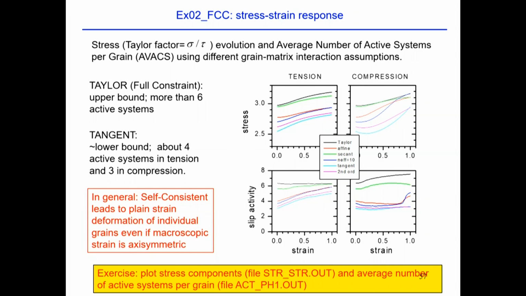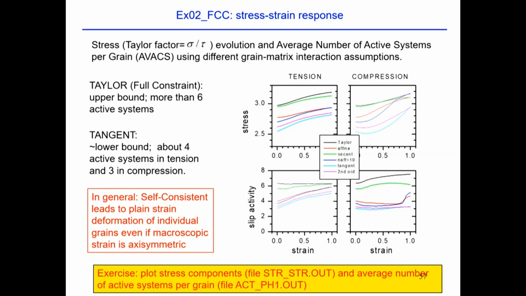And as you can see, it is clear here also that the models that are close to the Taylor model, that force the deformation to be the macroscopic one, require more systems per grain, while the others don't.